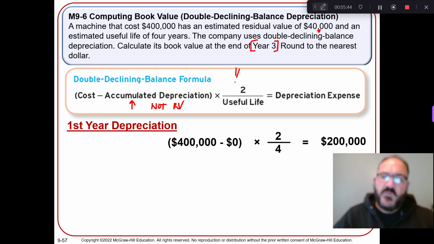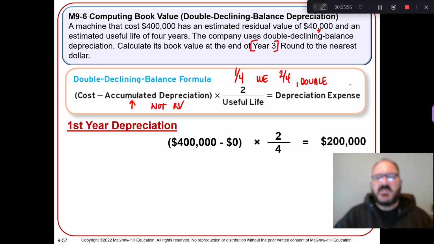So instead of 1 over 4, we use 2 over 4. Why? Because it's double. By the way, this is called an accelerated depreciation method. This makes for a bigger deduction. Okay. At the end, it all winds up being the same. But for right now, it just winds up being double.